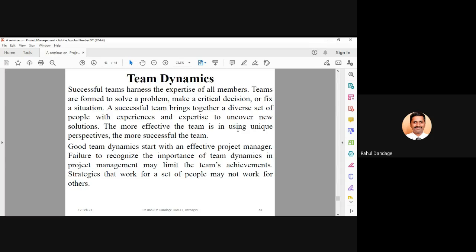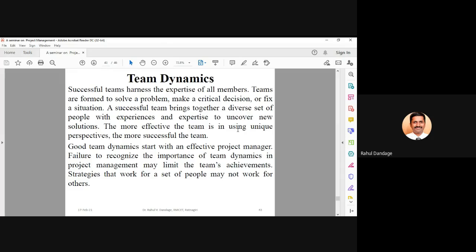Good team dynamics start with an effective project manager. As we discussed in the beginning, for a project team, the role and responsibility of the project manager is very crucial because he has a major role in developing the project team.